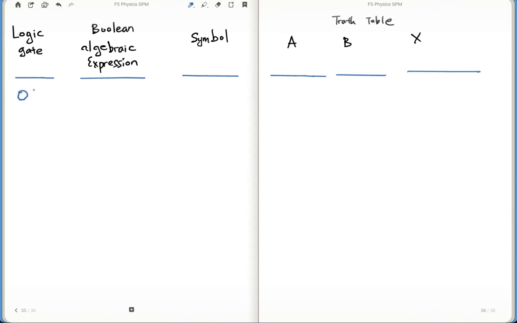OR gate, Boolean algebra expression, where your output X is actually output. Boolean OR is A plus B. This A corresponds to this A, B corresponds to this B. A plus B is OR.